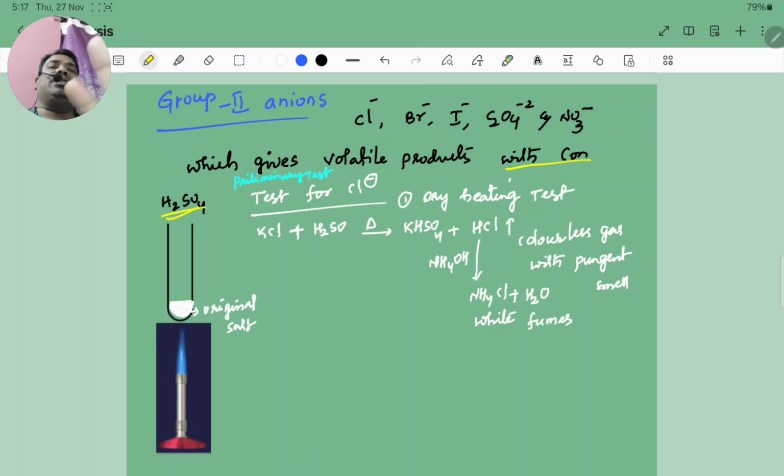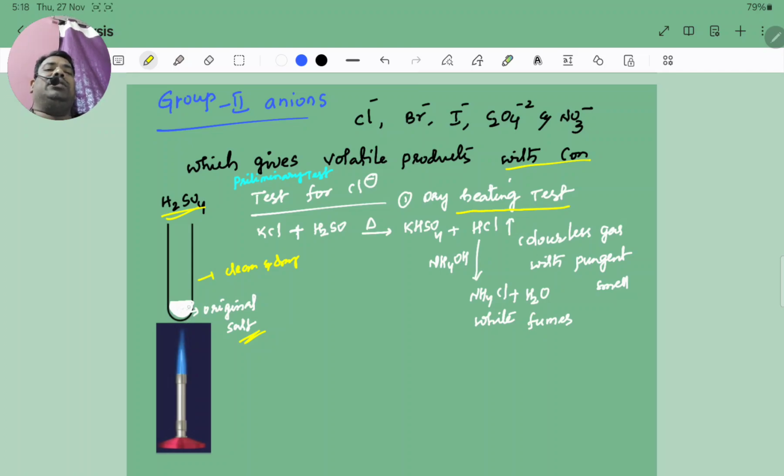Now we will discuss this test in two categories. One will be the preliminary test and one will be the confirmatory test, right? So in the preliminary test we are doing a dry heating test. So simple students, take a clean and dry test tube, add the original salt which is given, and use the Bunsen flame for heating, right?